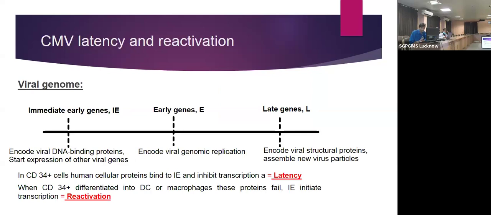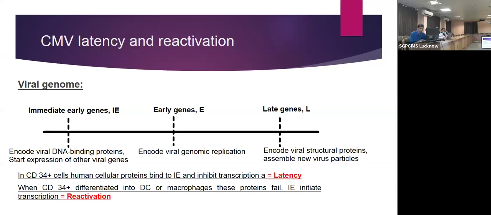This is a brief about how the viral genome gets activated. In the immunocompetent, inside the CD34 cells, there are human cellular proteins that bind to the viral genome and latency is induced. But by any cause, when these CD34 cells are differentiated into dendritic cells or macrophages, these proteins fail and the virus starts replicating.